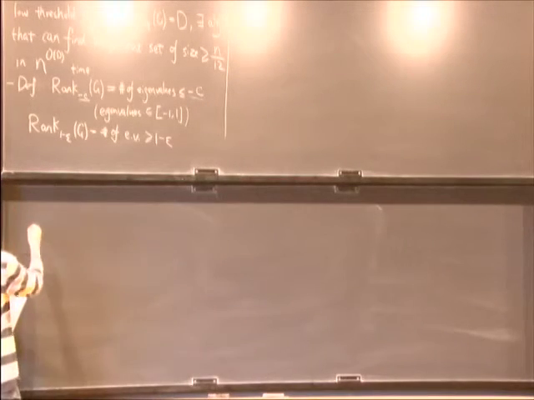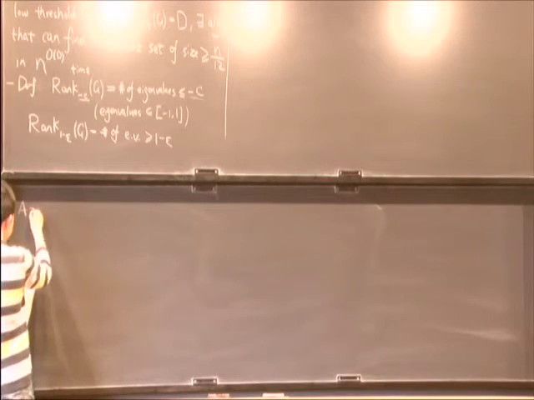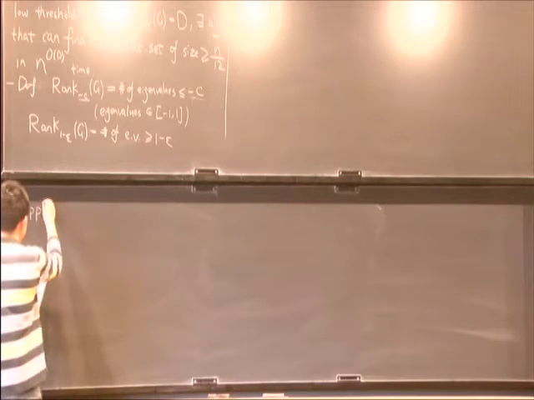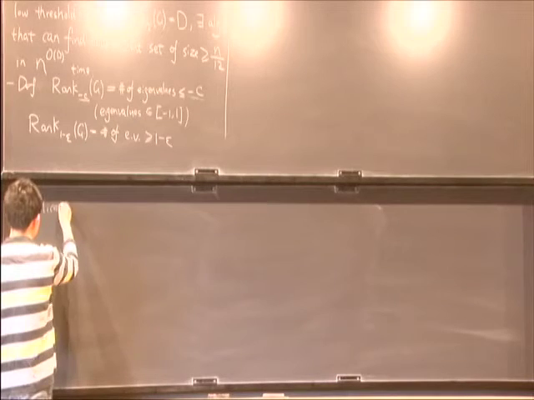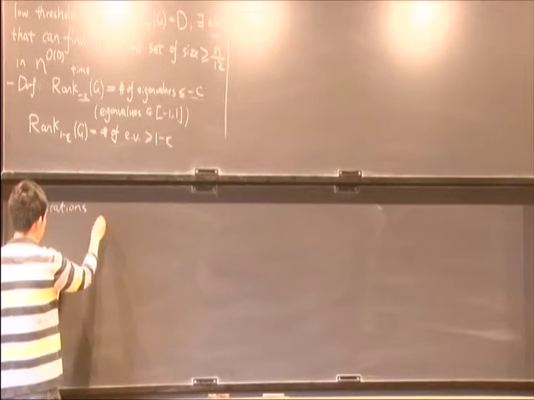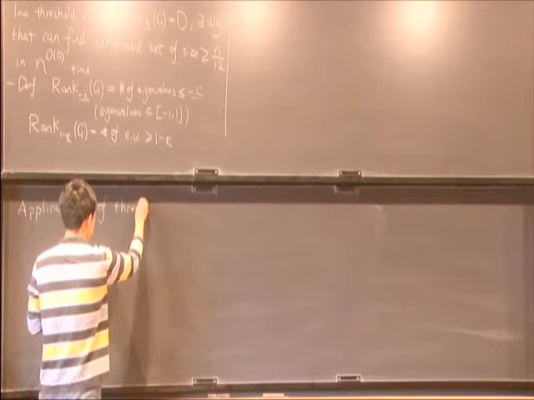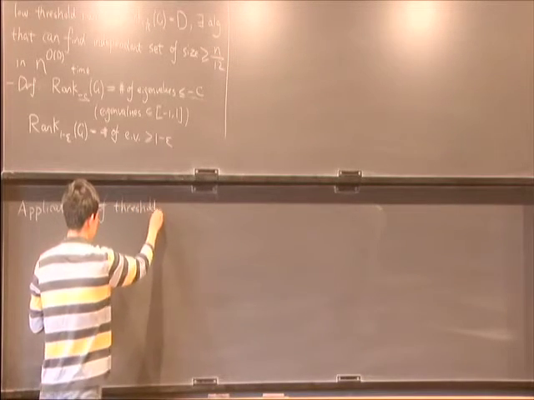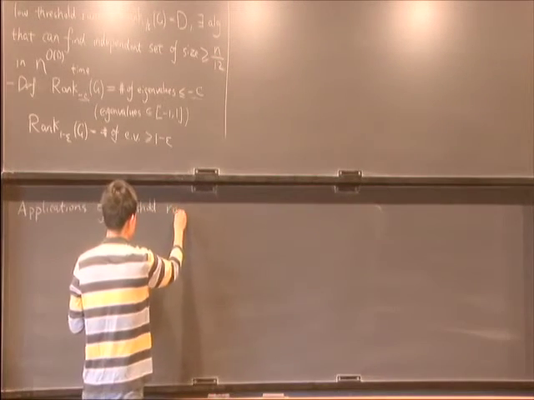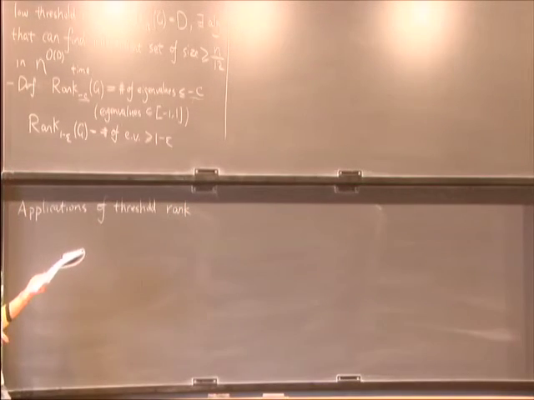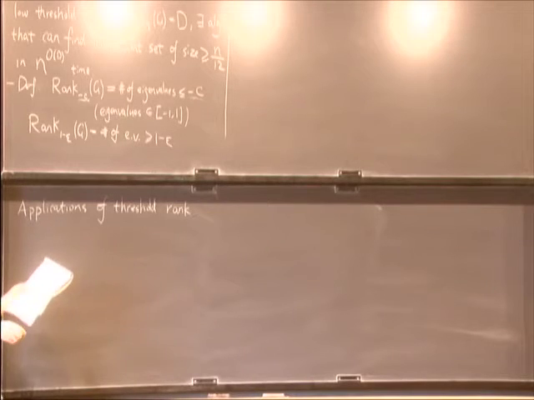So how do we usually apply threshold rank? Why does threshold rank help algorithms? Actually, we don't know many examples, but most come from the paper ABS.